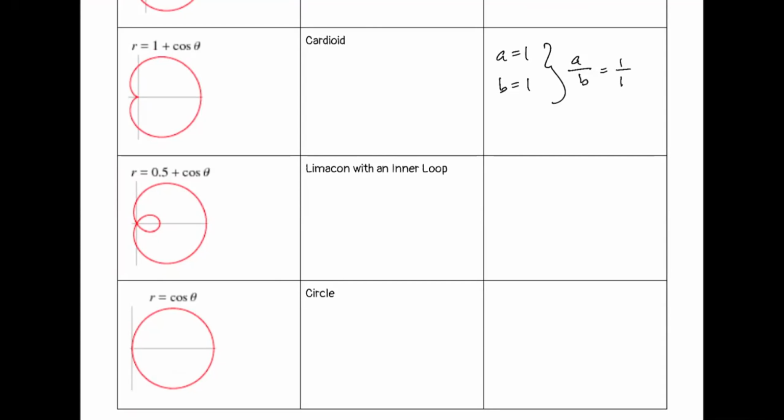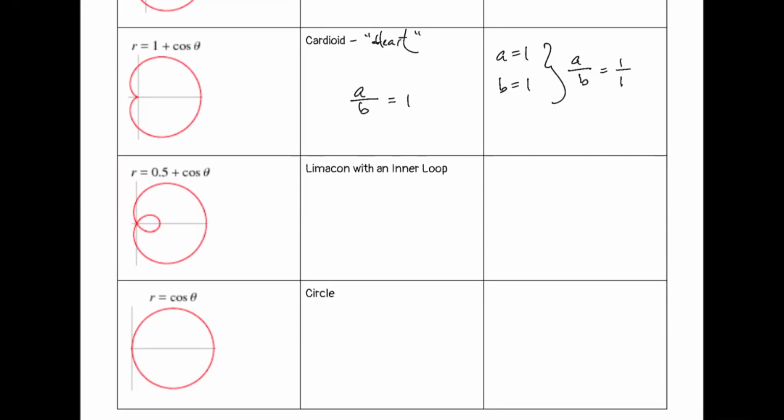This is one of the most special cases for the limaçon. It's called a cardioid. And it's called a cardioid because it looks like a heart. Okay. So cardioid, you want to think it looks like a heart. All right. And that is a special case that happens only when A over B equals 1.